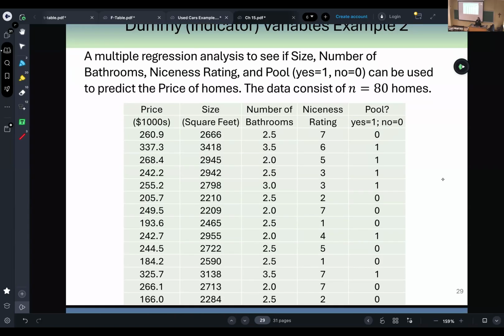So we can use this to build a multiple regression model with the dummy variable pool. We would have Y, this would be X1, X2, X3, X4. We have 4 predictors. We could have more too, but you have to be careful, because we only have 80 homes. A realtor would use this, or even an economist would use this to know the average price of a home in a city, for economic purposes.